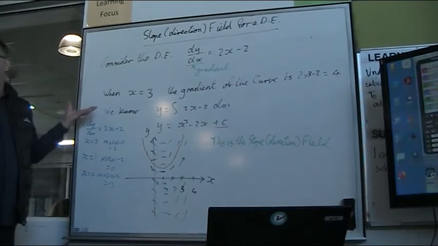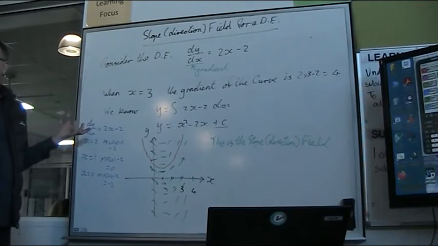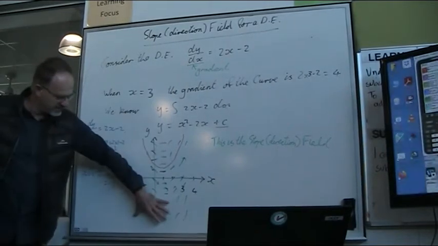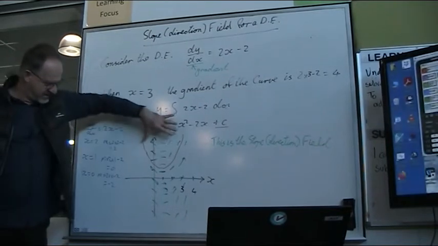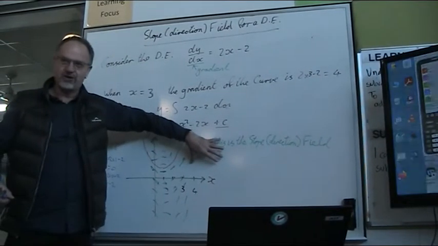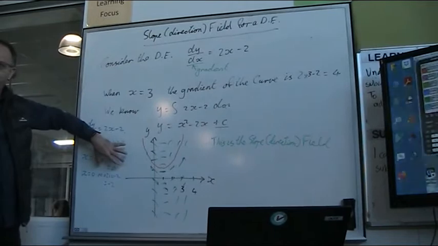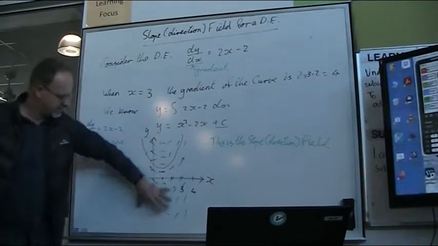We would need to know some sort of initial conditions to know whether it's here or down here or anywhere else. But we do know that it's not over here, it's not over here, it's here somewhere.